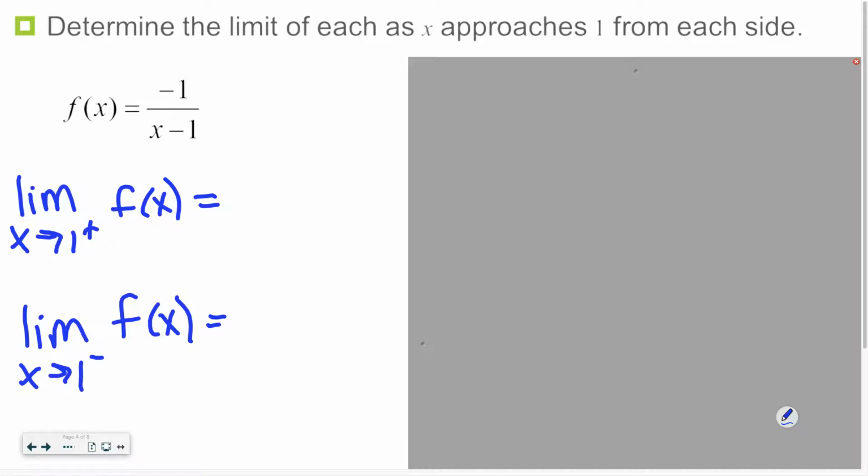Now, we know that if we try direct substitution, it's not going to work because we're going to get -1 over 0. But this is what I want you to think about. You know that this is going to be approaching infinity or negative infinity because we have a vertical asymptote there. So we need to calculate which sort of infinity we're approaching. So let me ask you this.